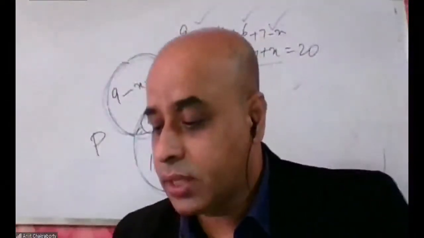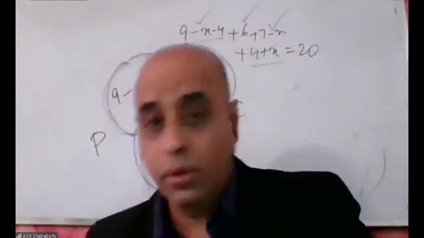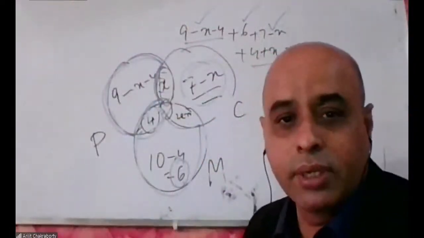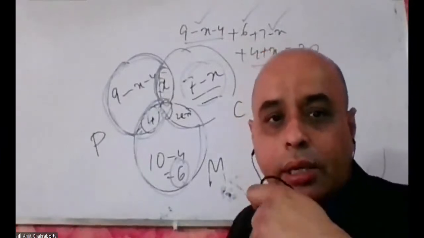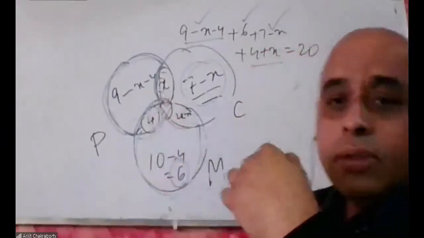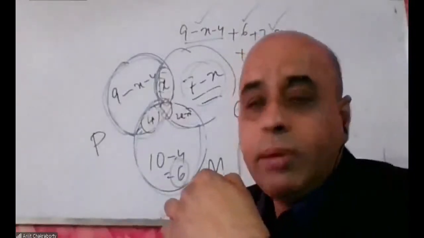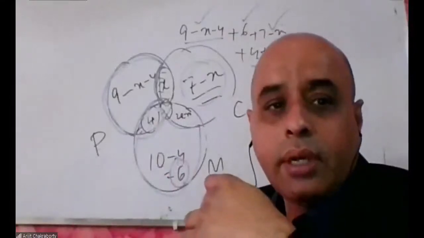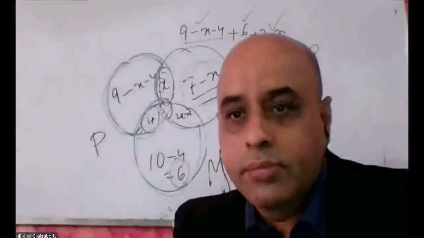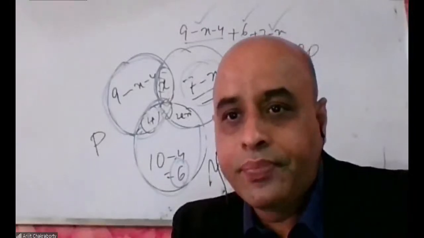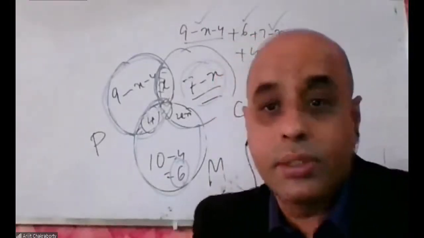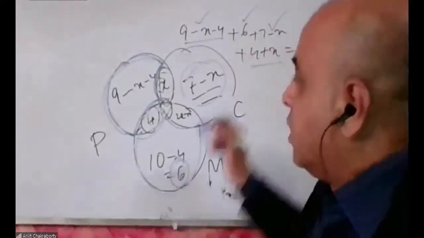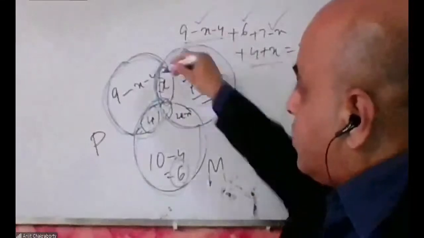Sakshi is asking, 7 minus x, how? Please note, once again, let me go back to the problem. Sakshi, please listen carefully. It is given that 10 teach mathematics, 9 teach physics, and 7 teach chemistry. So 7 are teaching chemistry.